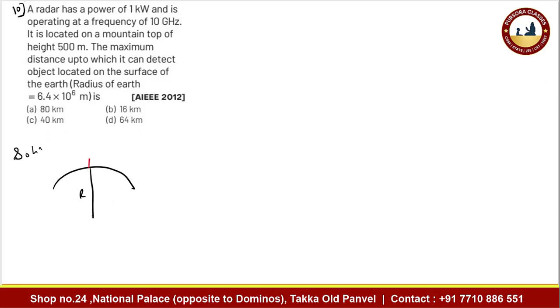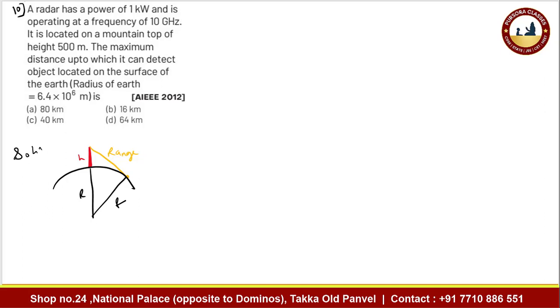So this will be your height h. The maximum distance it will go will be up to somewhere around here. So this will be your maximum range, right? But this distance is again radius only.